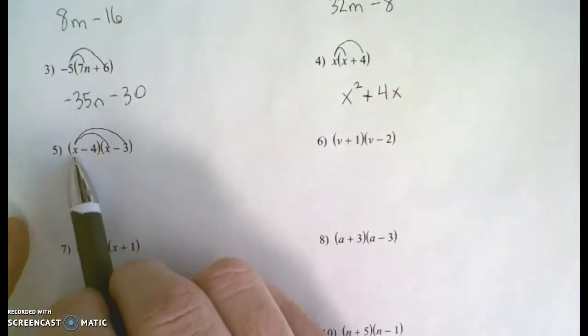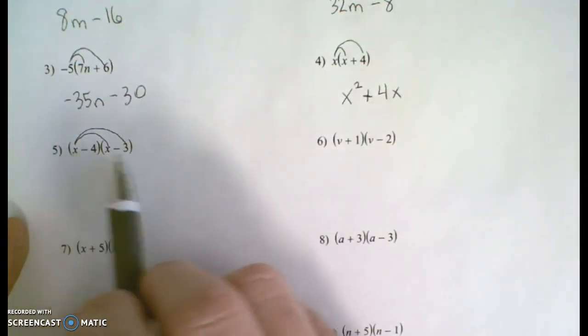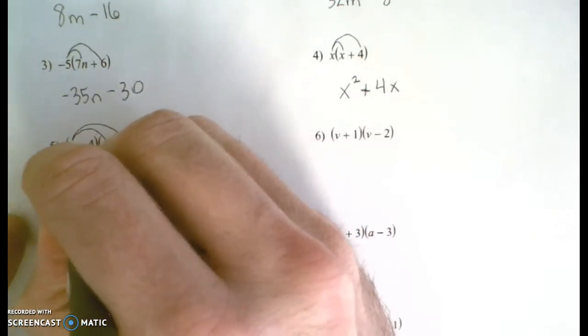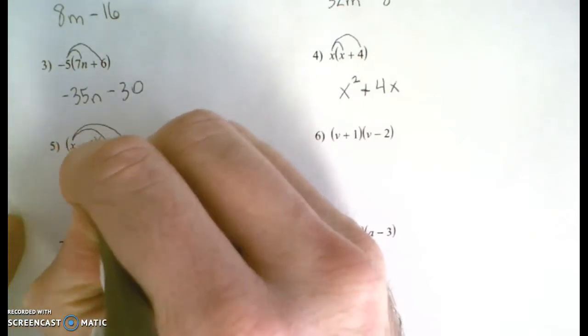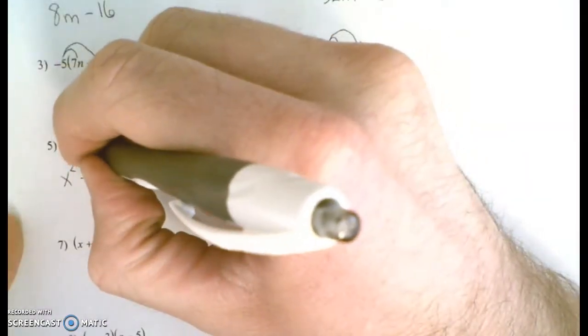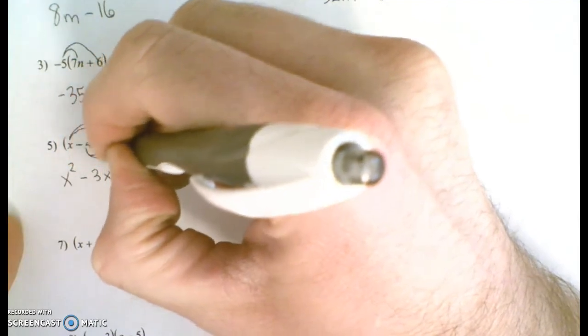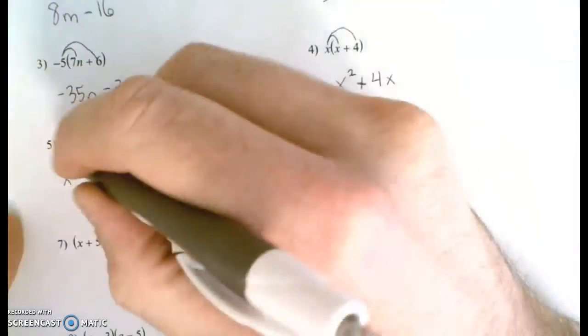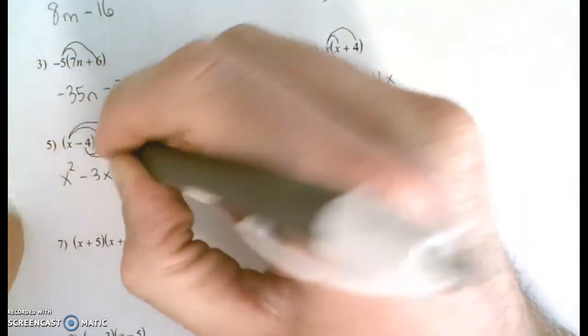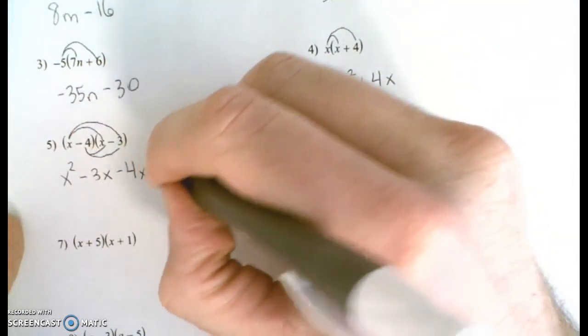So I've got x times x and then x times negative 3. So that's going to give me x squared minus 3x. But you're not done. Now you're going to multiply the negative 4 by both things as well. So negative 4 times x is negative 4x. And negative 4 times negative 3 is positive 12.